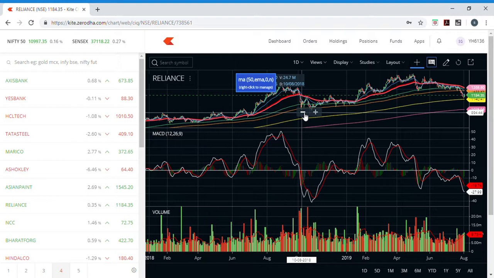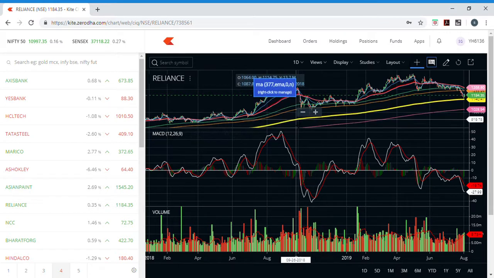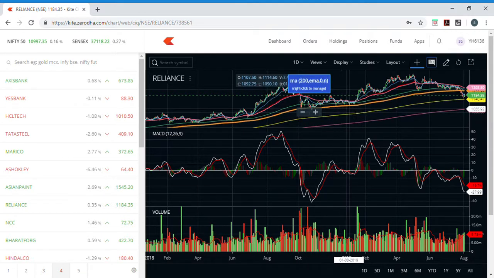If the stock is falling because of a particular news, do not buy it until there is some retracement. And if the stock is not falling because of news, it is just falling because it is overbought, then there is a very good chance that you should buy the stock at the exponential moving averages, because there's a very high probability that it will retrace back within 1 or 2 days, or maybe within a couple of days.